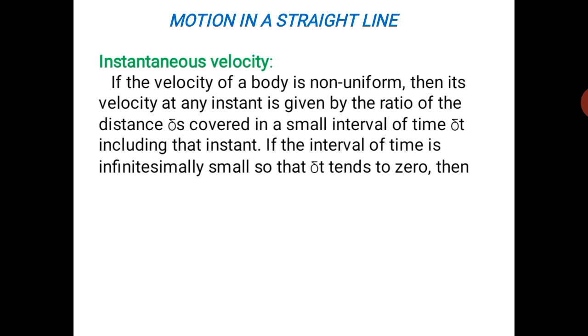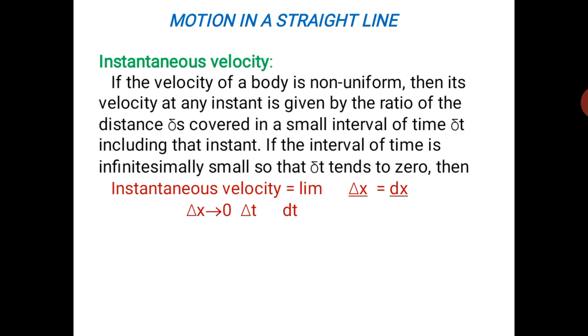So if you want to measure the velocity at a particular time, you take a very small interval of time, and during that small interval, you measure how much the change in position, that is displacement, is. The ratio of that displacement to that time interval itself gives the instantaneous velocity, meaning at that particular instant of time.